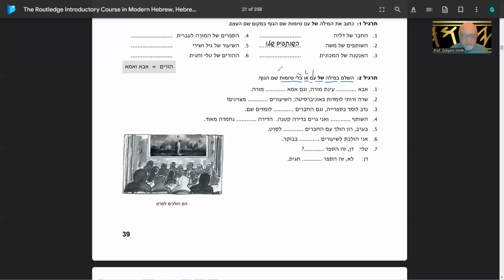Okay, we already did that one. Suffixes. Okay, with or without the suffixes. Shem haguf. And haguf is like the body.